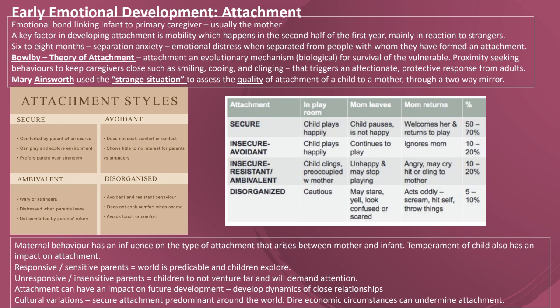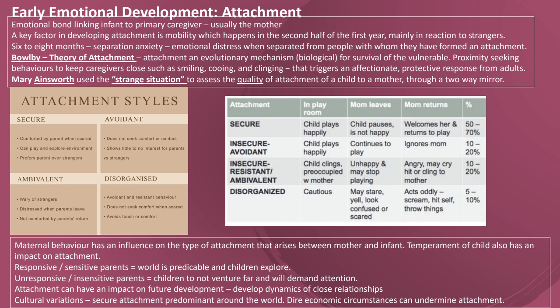Mary Ainsworth went on to investigate what was called the quality of the attachment. Although all children have an attachment to their primary caregiver, that attachment can vary in quality. So you get attachment styles. She identified attachment styles such as secure attachment, where a child has a very secure attachment to its primary caregiver.